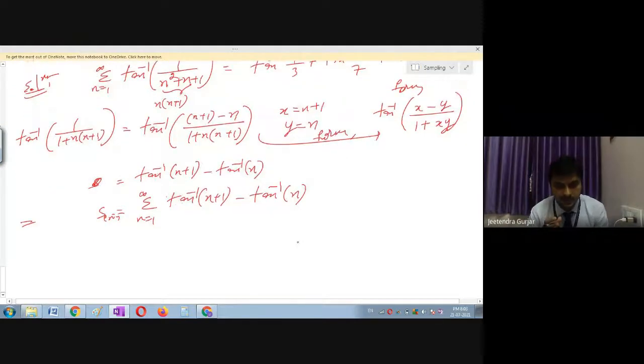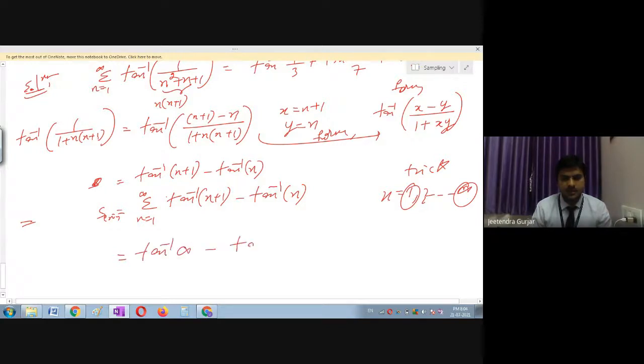So whenever in the series, you have to remember, in the previous example I discussed, the first term and the last term is always taken. Right. So here the last term will be what? It is n from 1 to infinity. See, n is equal to 1 to n. So this is a trick you have to remember, that first term is 1, last term is infinity. So in tan inverse, you always take this infinity minus the first term.